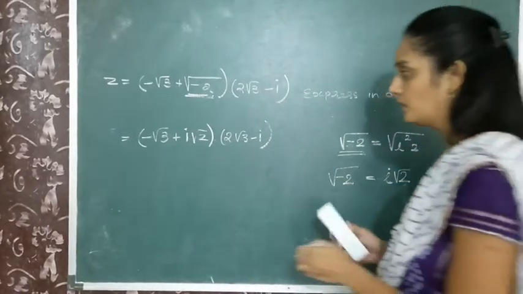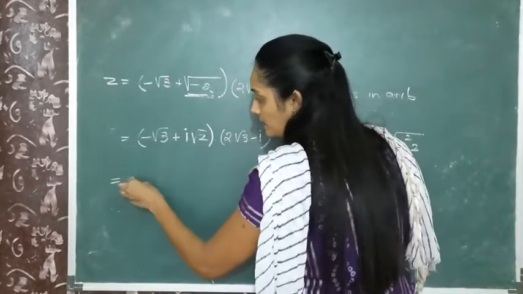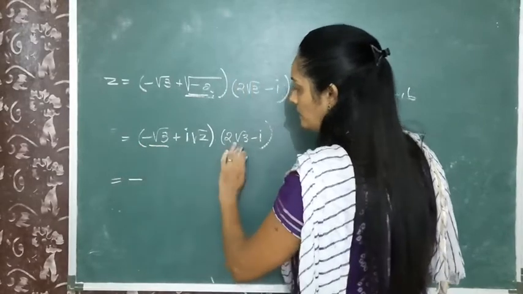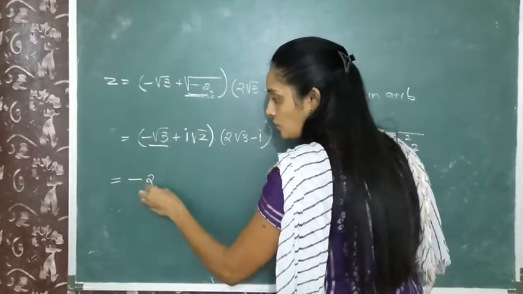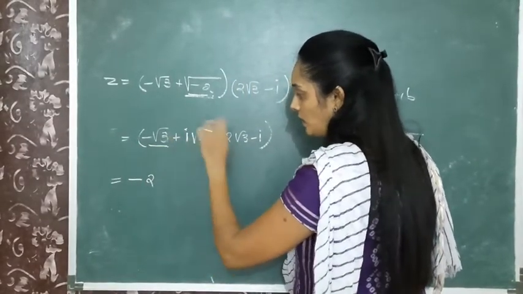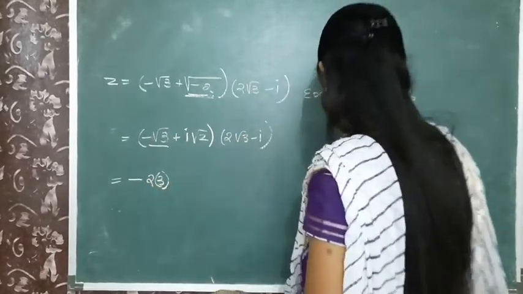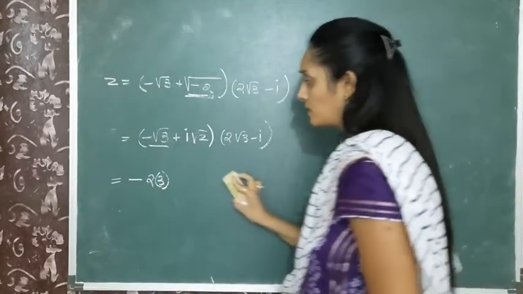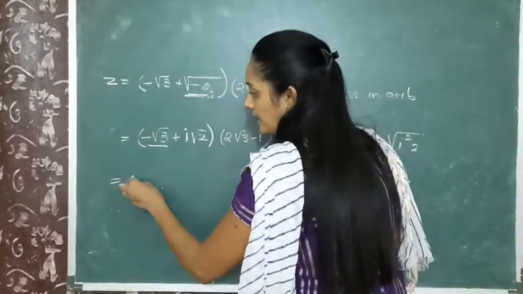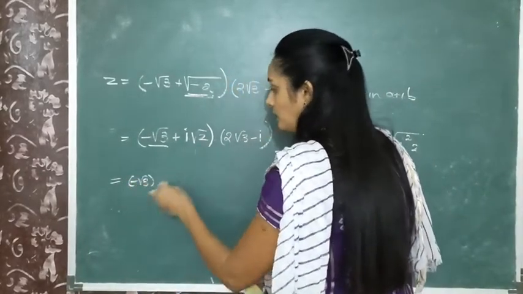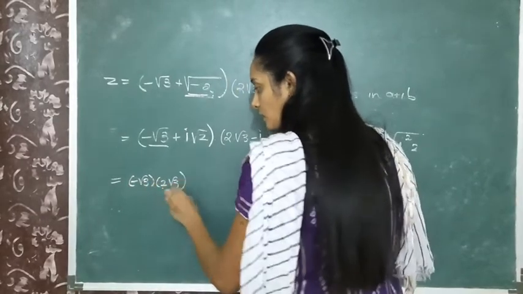Okay, now we multiply, so minus sign as it is, this term with this term, so 2 root 3 into root 3, 3 2s are 6. If you don't understand, you can write like this: minus root 3 into 2 root 3, that is the first term.